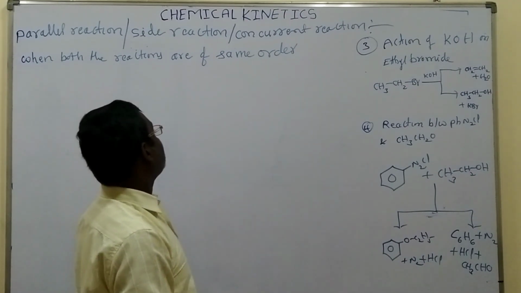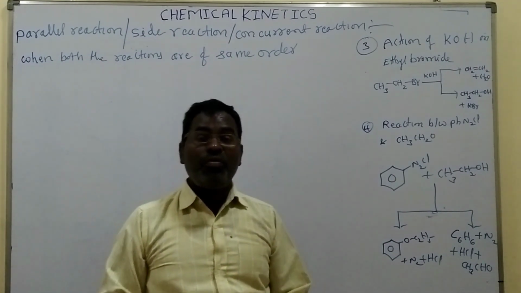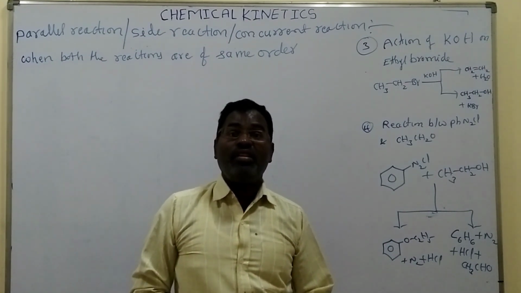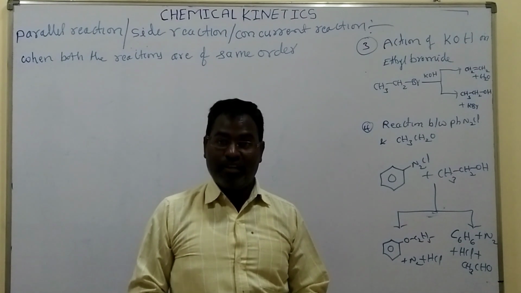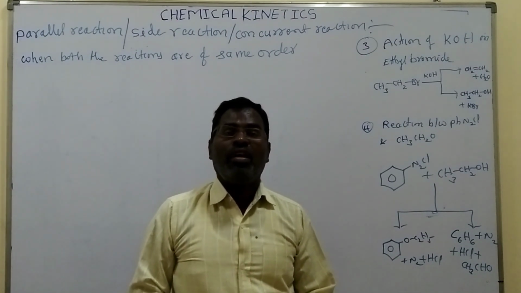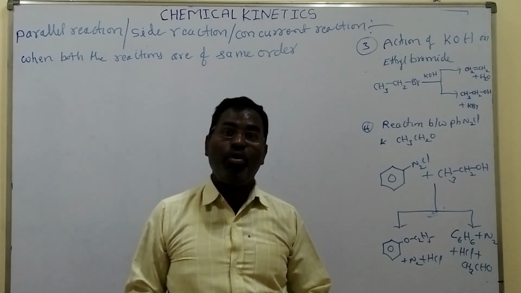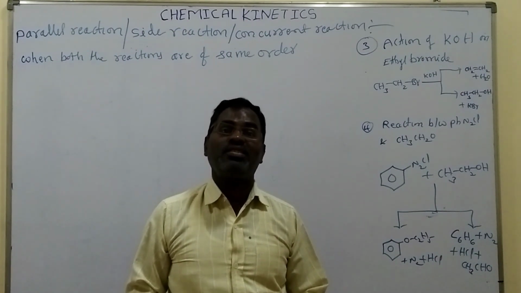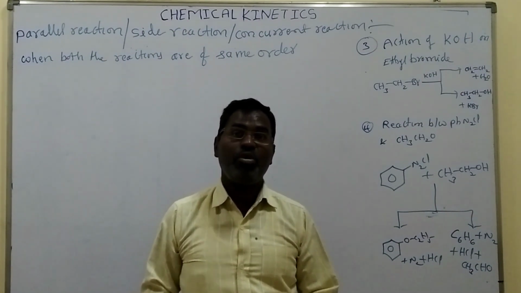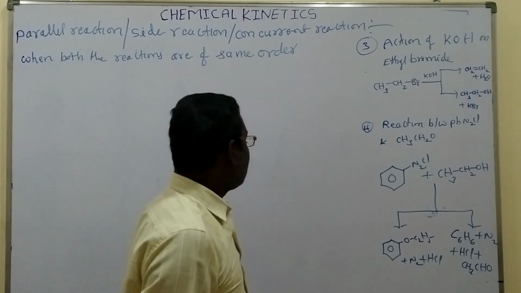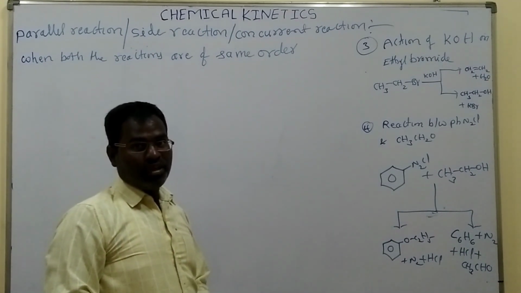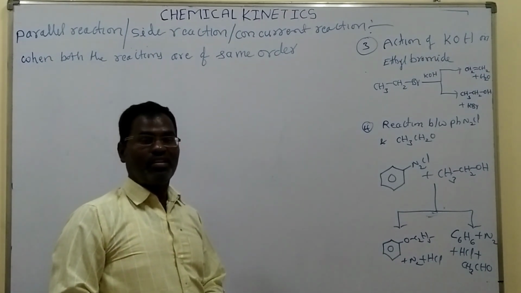That is the first condition. In order to derive the rate equation, we should assume the main reaction and side reaction both follow first order kinetics. Both are following first order kinetics.